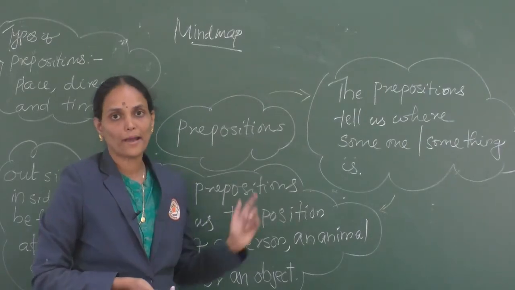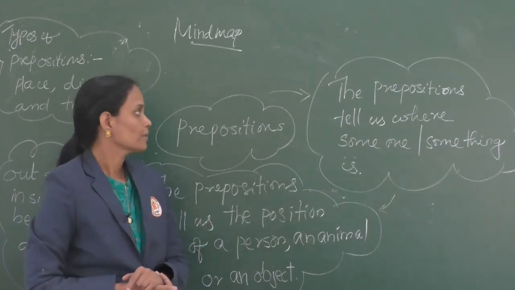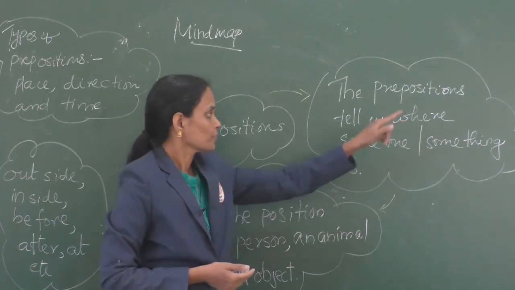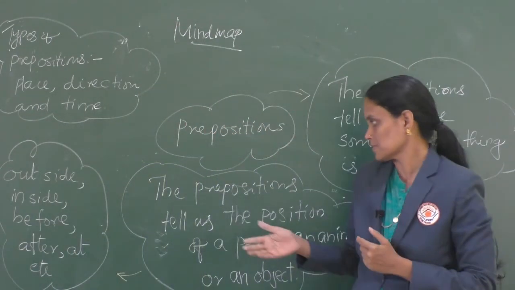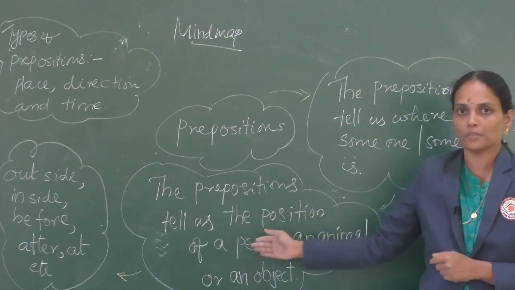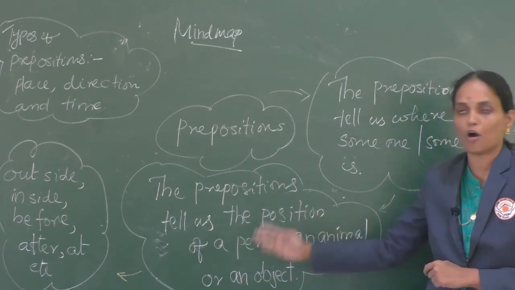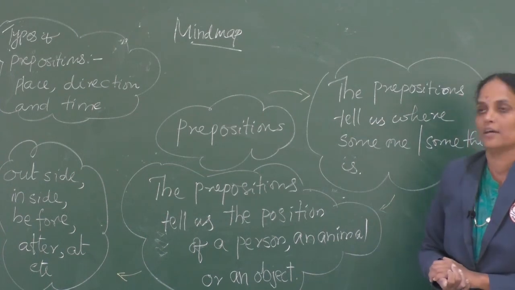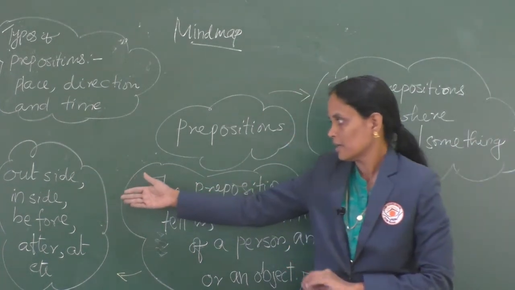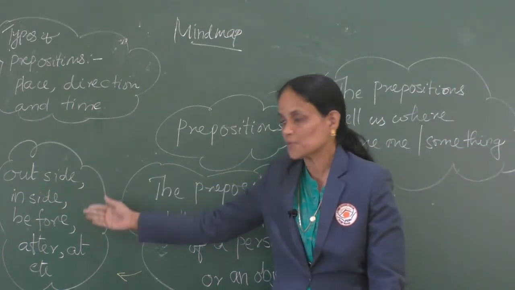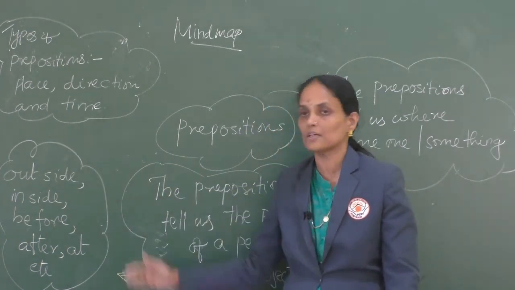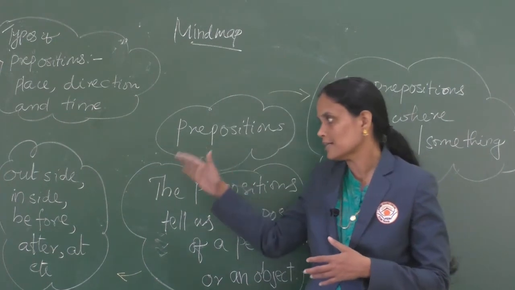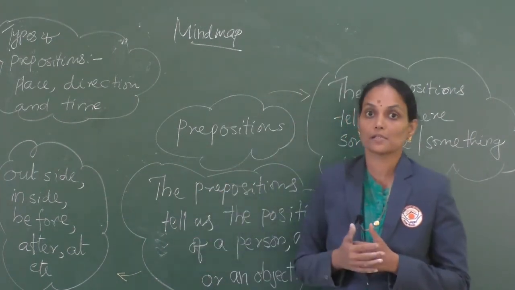Here is the mind map of the lesson, prepositions. The prepositions tell us where someone or something is. The prepositions tell us the position of a person or an animal or an object. I have written some prepositions which are used in the language: outside, inside, before, after, at, etc. These are some of the prepositions used in the English language.